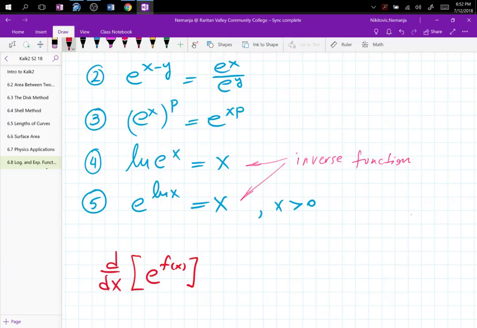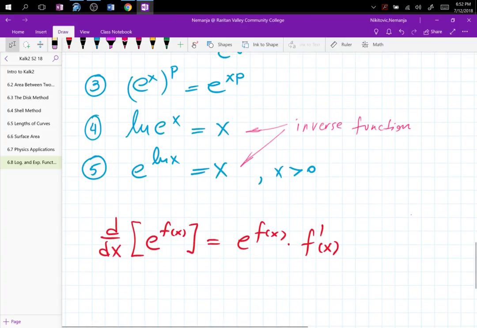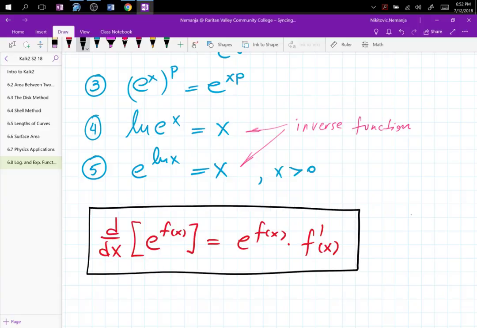So whatever you come up with is always going to be e to the f of x times the derivative of f of x. Excellent. So that is our chain rule formula, which is used, I would say, 99% of the time you see an exponential function. It is going to be e to the some function.